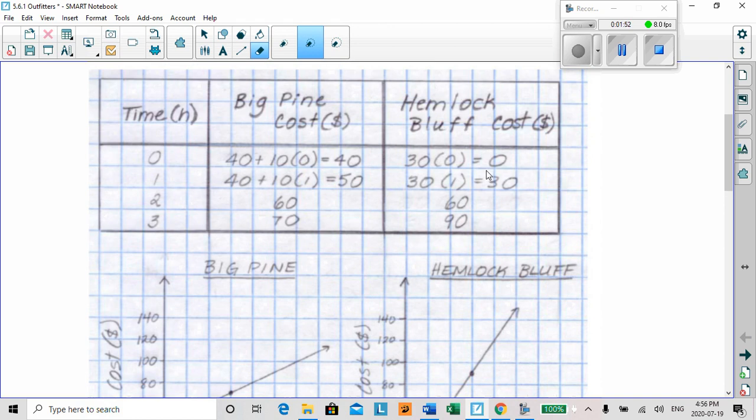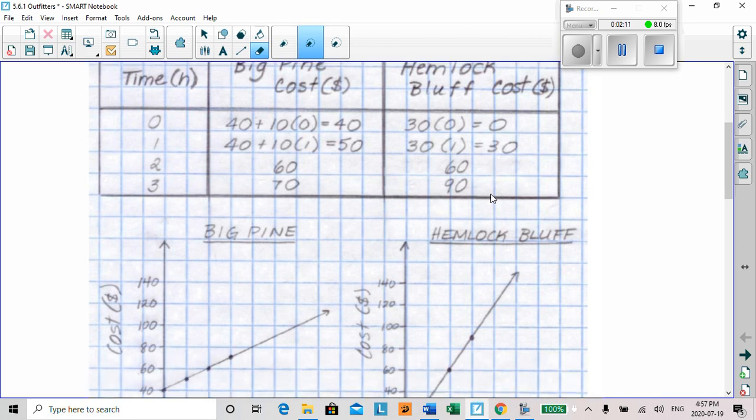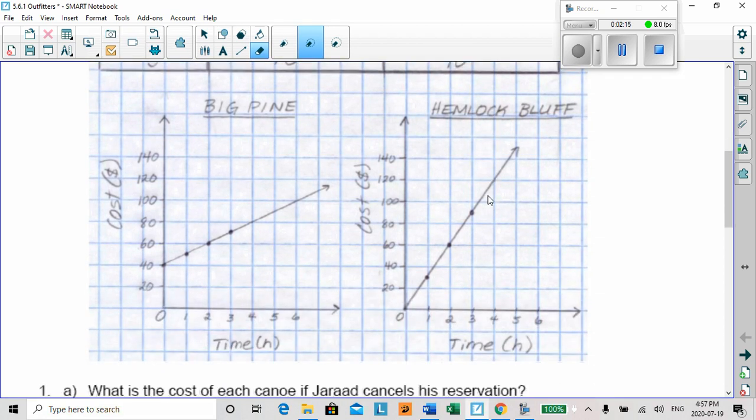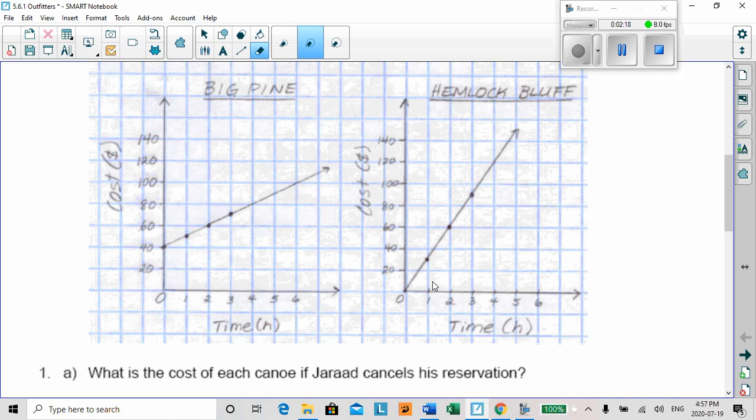So if you have 0 hours, you pay $0. If it's 1 hour, it's 1 times 30, so it's $30. If it's 2 hours, that would be another 30, so that would be $60. 3 hours would be $90. And then here's the graph of Hemlock Bluff. And you can see those values.